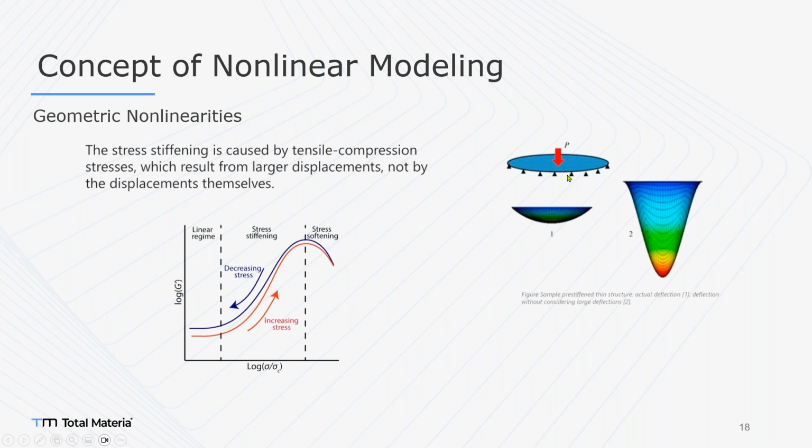So if we constrain there, it should be linear analysis. We can get the second picture, which is not real actually. But if we go for the geometric nonlinearities feature in here, because of the membrane approach, there is a force and there should be tension in here.